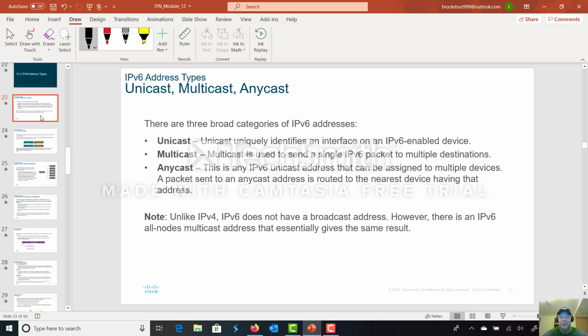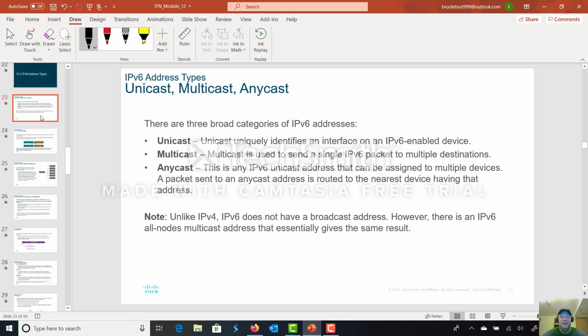Unicast traffic is pretty straightforward. I have the IPv6 address of a device that I want to communicate with. Easy enough. I'm going to put that in the destination IP address field of an IPv6 header, and send it on. Multicast is a little bit different.